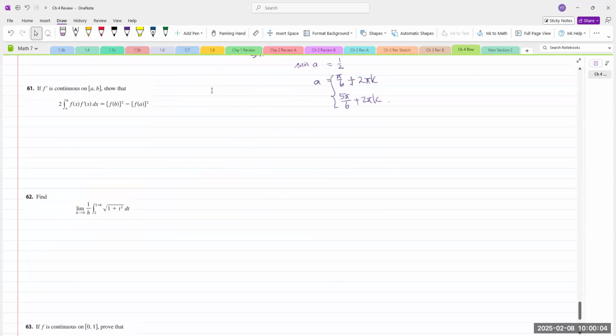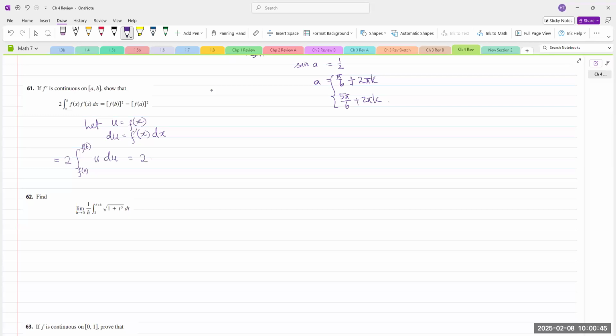If f prime x is continuous on [a, b], show that we have this equation. You know what? Let's use this. Let u equals f of x, then du equals f prime x dx. So this equals 2 times the integral from f(a) to f(b) of u du, is it right?